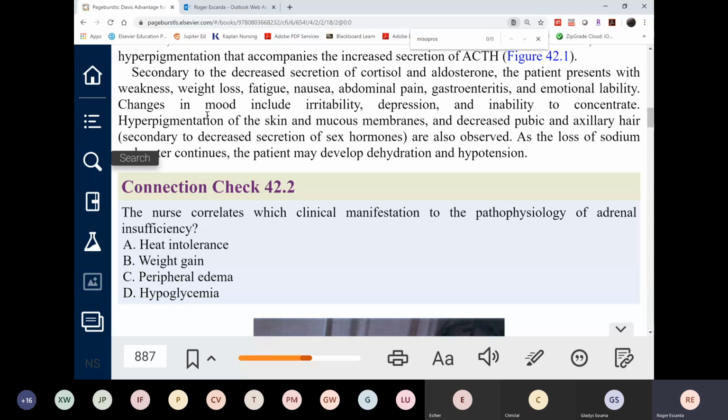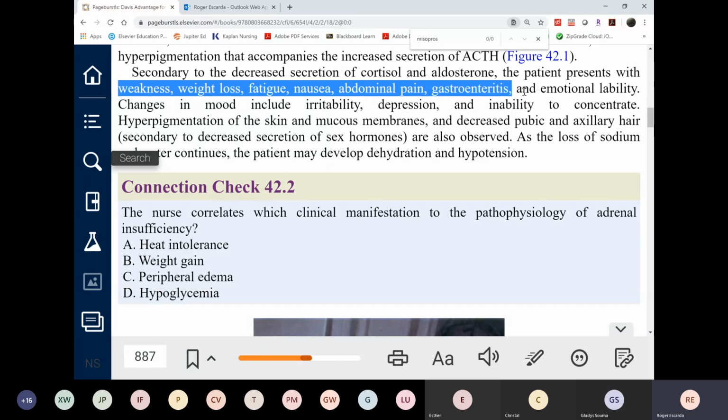So the symptoms here, indirectly resulting from the low levels of cortisol and aldosterone, are the following. Your patient has hypoglycemia, less energy, weakness. They have less blood volume, weight loss, fatigue because of hypotension, nausea, vomiting, because organs here will have less blood flow. So that will account for your abdominal pain and nausea and gastroenteritis.